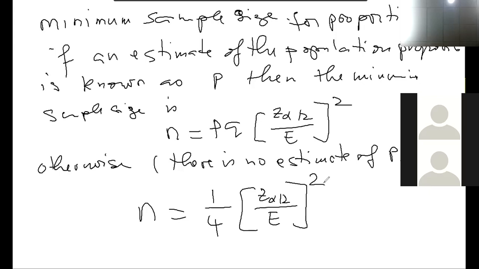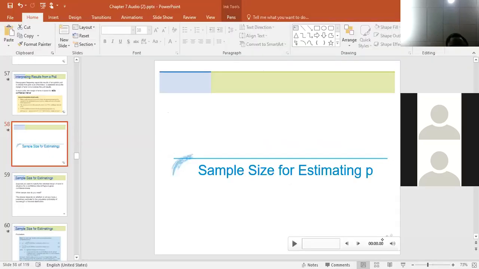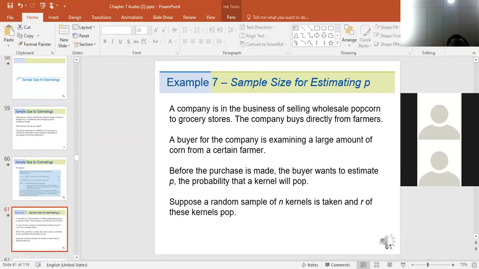Let's look at an example. The company is in the business of selling wholesale popcorn to grocery stores. The company buys directly from farmers.